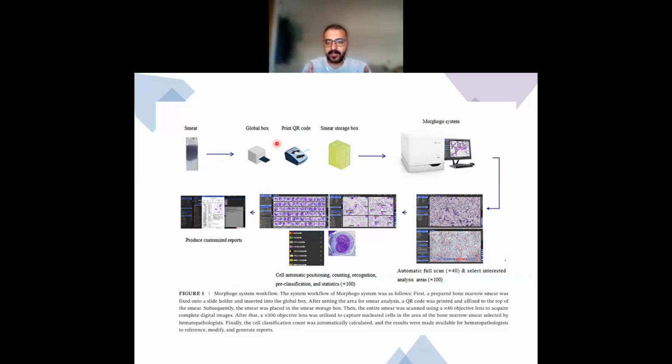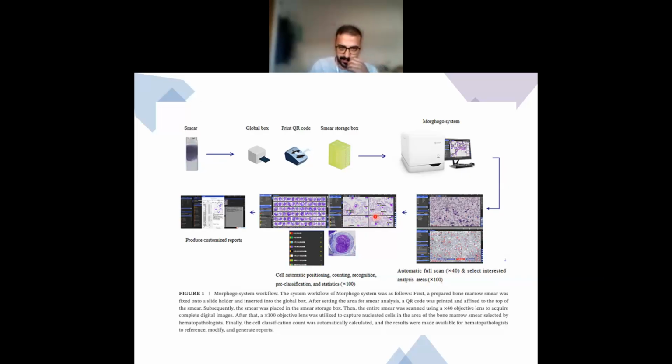After that, we have the morphology system. They give the image of the smears. We talk about the 40 lens for the whole image of the smear, and 100 magnification for the details of the smears.